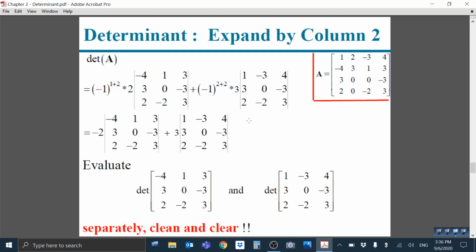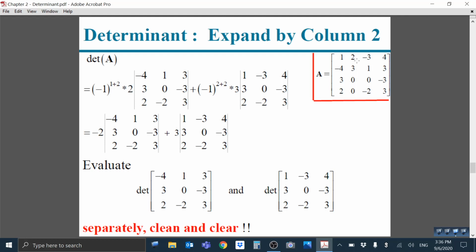So in our case, for the purpose of the example, we chose column 2. So this column here, because it has 2 zeros, that was a smart choice. So again, we use our procedure, cofactor expansion. So determinant A is equal to, so I have my column 2 that I'm using.